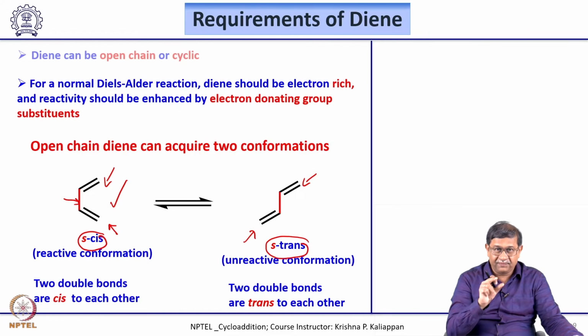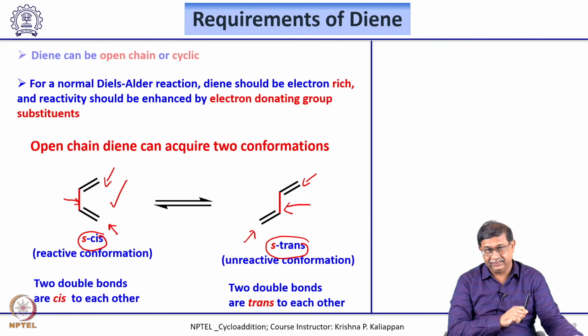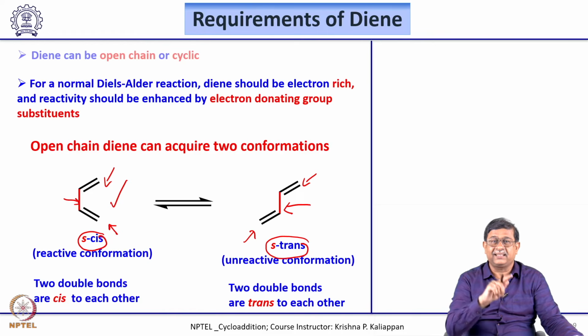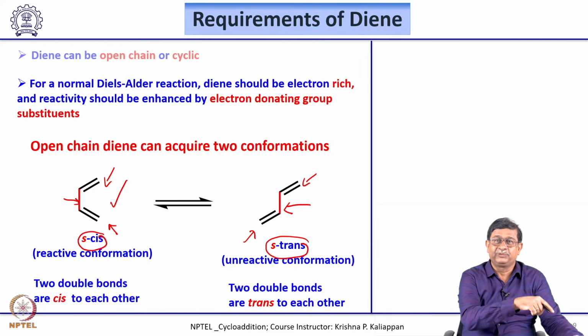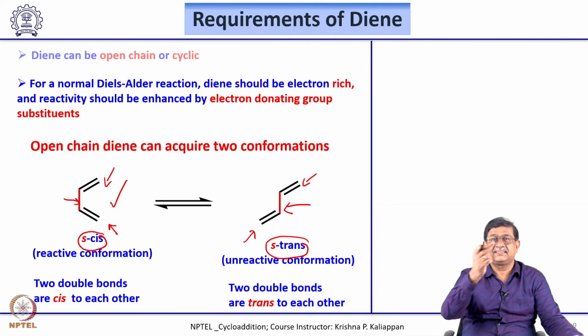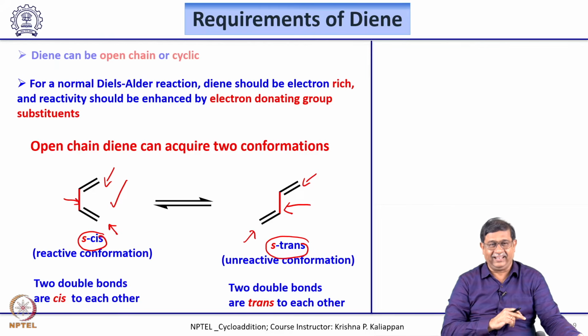Now if it is an open chain diene, then this C-C bond can rotate. Free rotation is possible in the case of an open chain diene. So it does not matter whether it is s-cis or s-trans; the s-trans can undergo C-C bond rotation to come to s-cis, and this s-cis will undergo the Diels-Alder reaction.